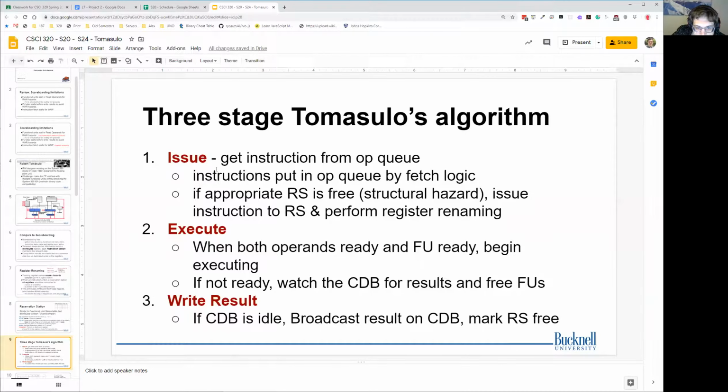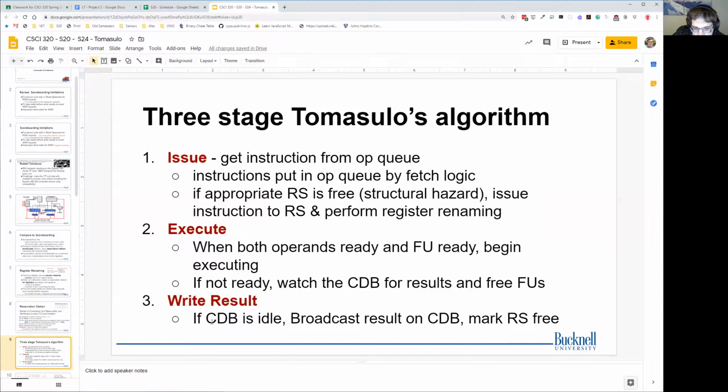So what happens when? Now in the issue stage, we are getting the information and assign it to a reservation station. In the execute, we do the operation. We also have to make sure that we only do that when both operands are ready, and also when one of the available functional units is ready.